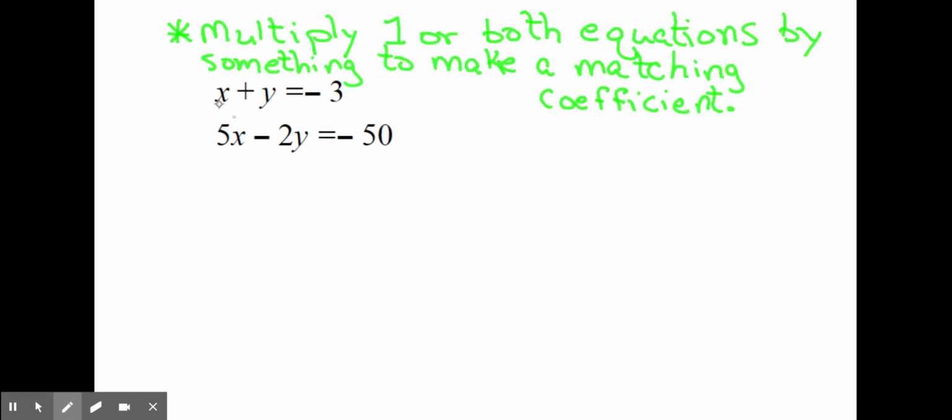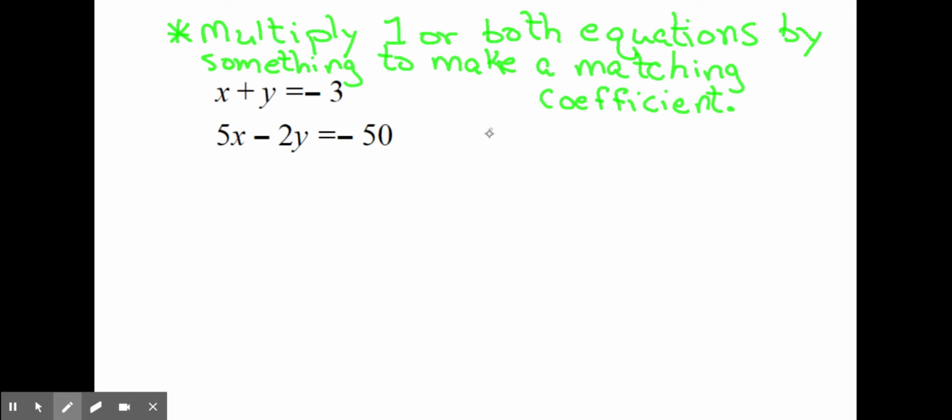Our goal is to multiply one or both equations by something to make a matching coefficient. So I either want to turn this 1x into a 5x, or I want to turn this 1y into a 2y. Now, there are several ways to do this, and you can get the right answer either way.